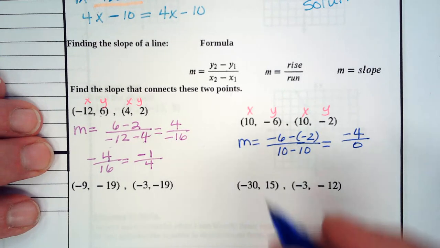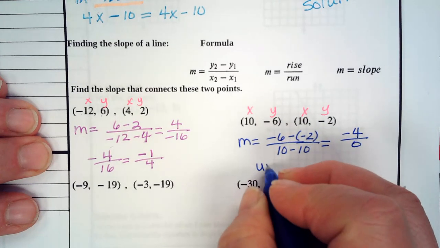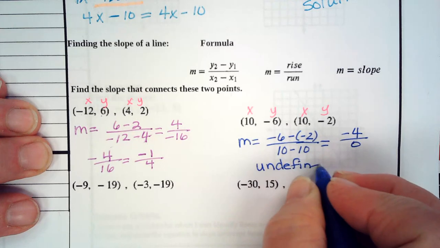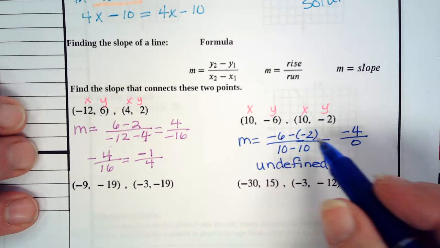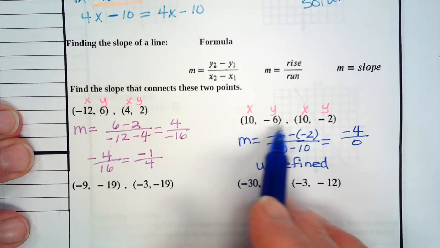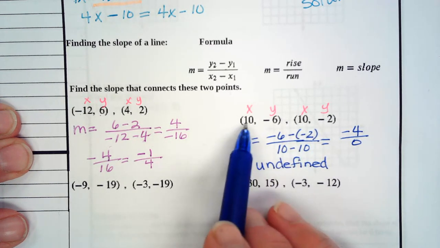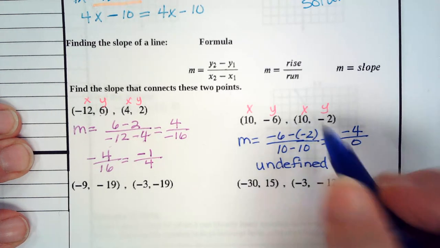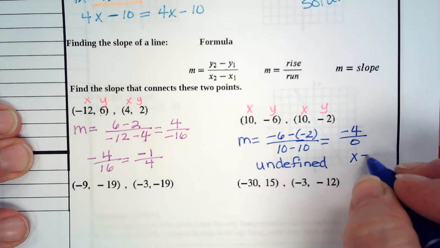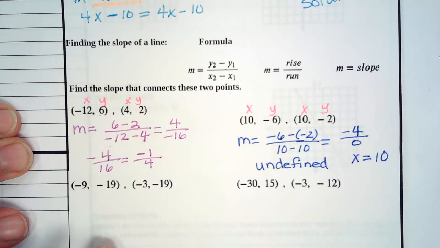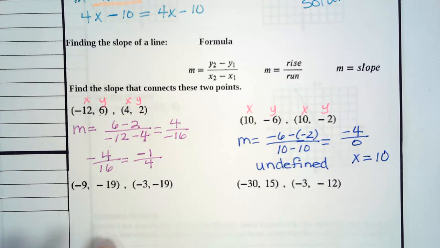No. This is undefined. Now, if you're looking at these 2 points up here, you notice that the x values stay the same. The equation of this line would be x is equal to 10 because it is a vertical line, which gives you an undefined slope.